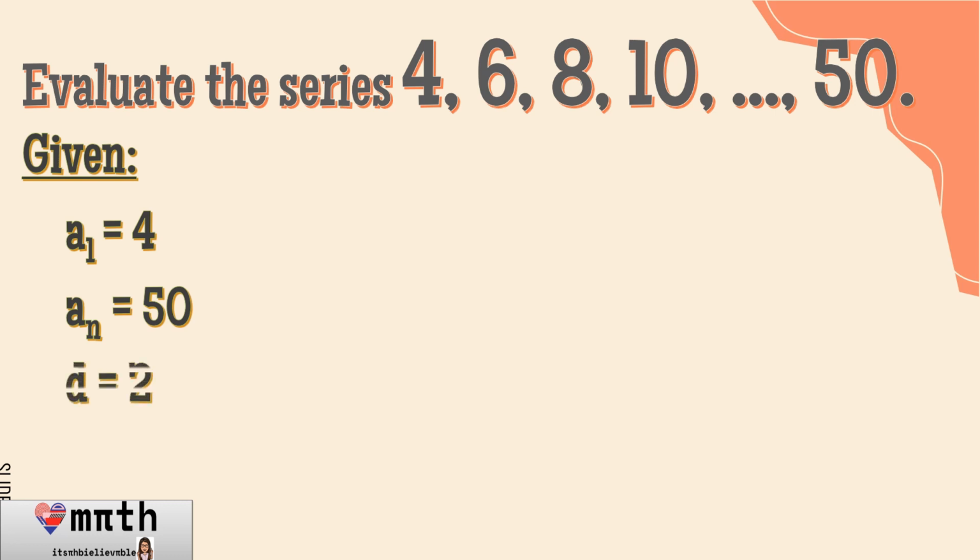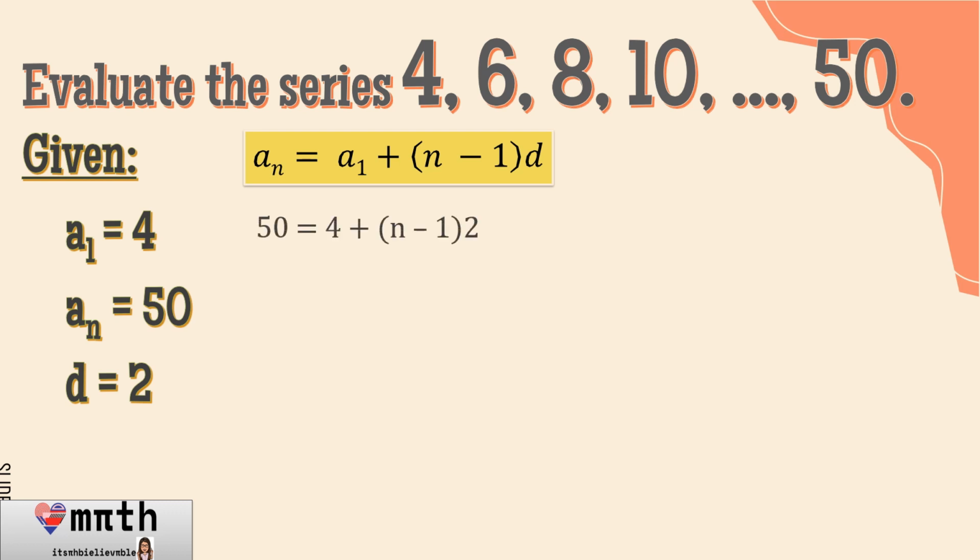The d is equal to 2 since 6 minus 4 is 2, 8 minus 6 is 2, then 10 minus 8 is 2. So, let us use first the formula a sub n is equal to a sub 1 plus n minus 1 multiplied by d. Since we do not have the value of n, let us get first the value of n using the formula of the arithmetic sequence.